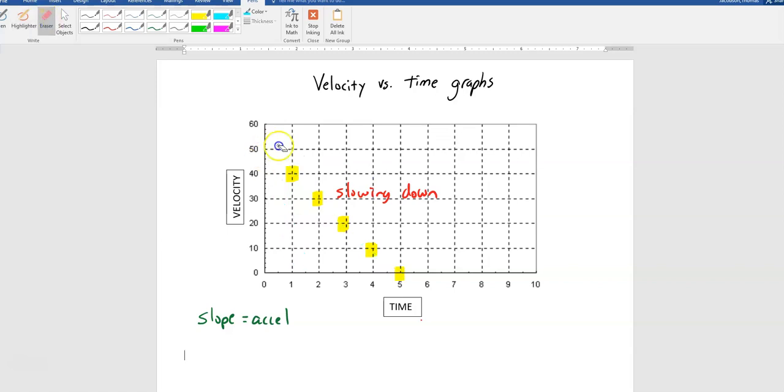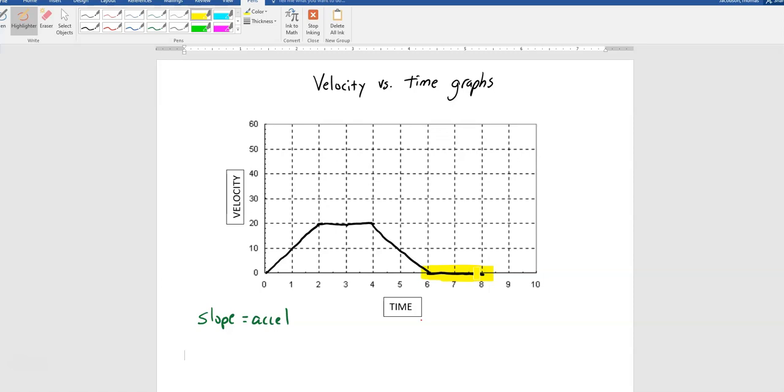The last thing I want to say about these graphs is what happens when you have an object that maybe goes forward and speeds up, maybe maintains a speed, slows down, and then this part right here, we'll focus on that. And you might say, what is that object doing? And you might say, oh, it's a constant speed, and that is true.